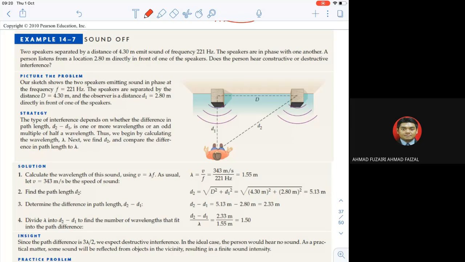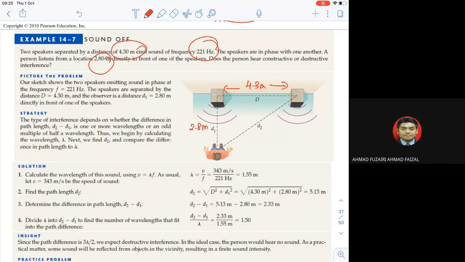Okay, so in here we have frequency. So I write down this one should be the frequency. This one is the distance. Look at the distances, 4.3, 2.8. Now 4.3 is this one, 4.3 meters. This one is the location directly in front of speaker 2, this one is 2.8 meters.